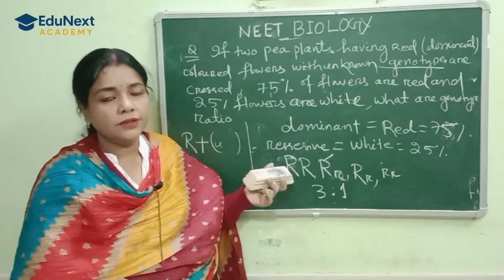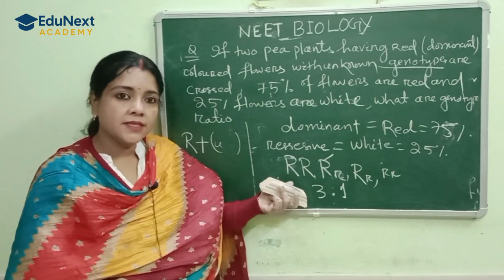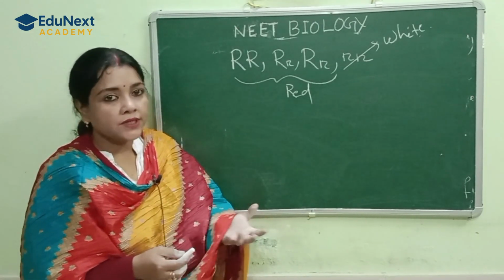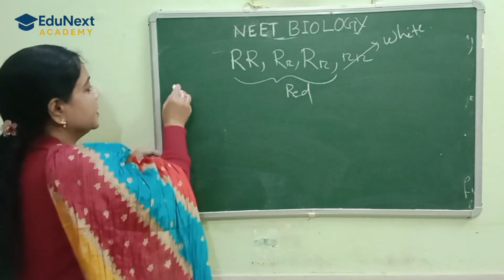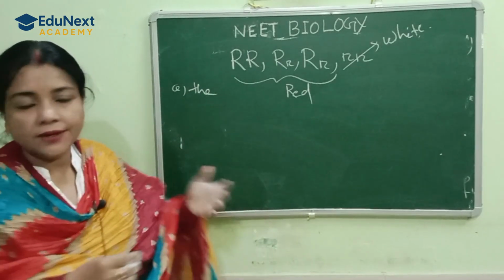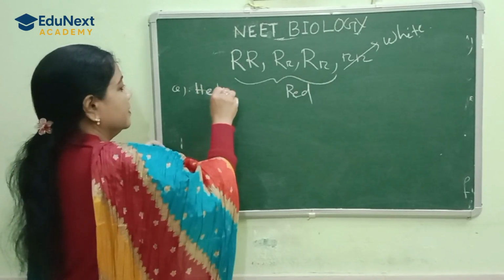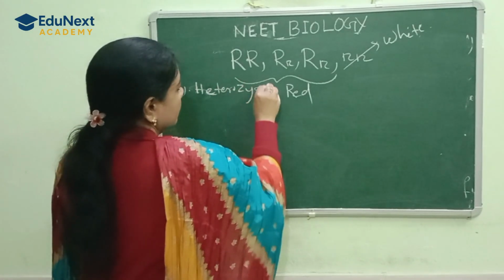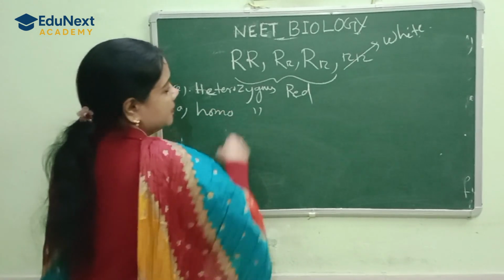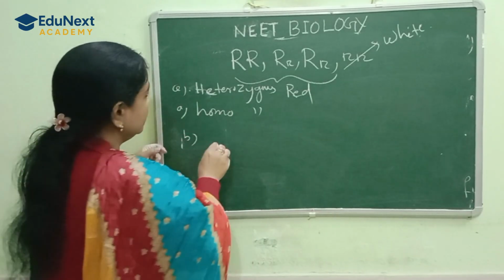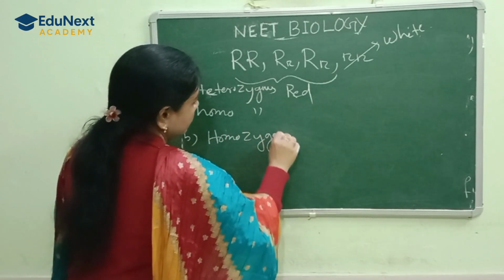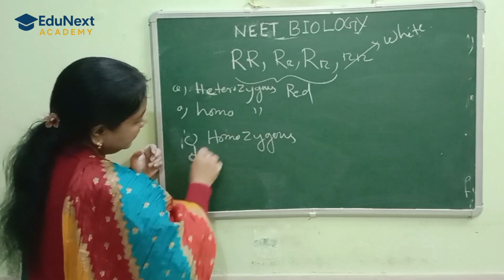Okay, now let us understand if we draw the Punnett square, how it will satisfy this ratio. Now we have to select an option from A, B, C, D. The options were: the plants are heterozygous, meaning both the pea plants are heterozygous; homozygous; and hemizygous.